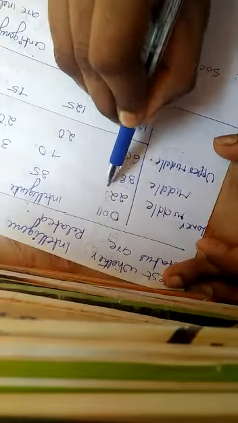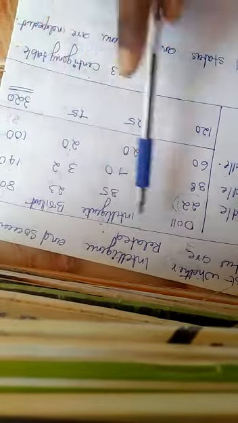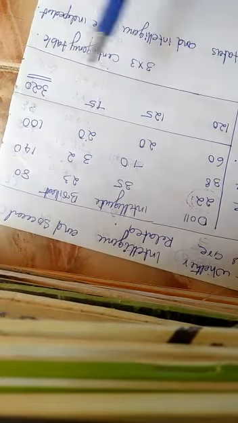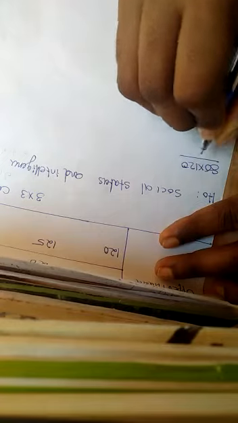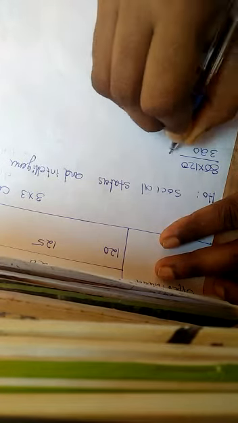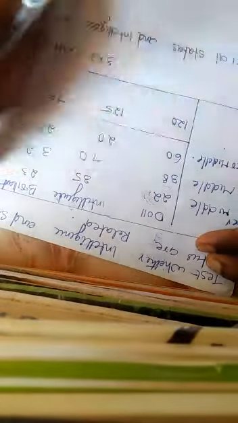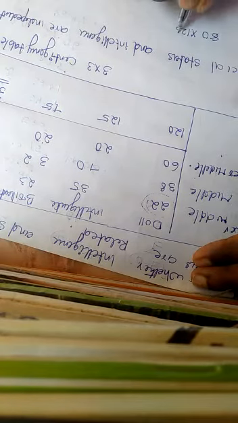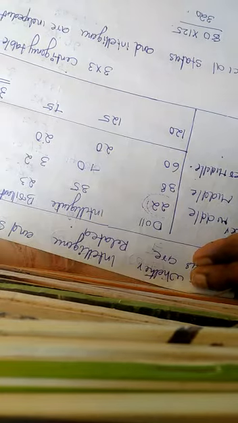First we need the expected frequency of 22. So you take the first row sum and first column sum: 80 into 120 divided by total. Similarly, next is 35, first row, second column: 80 into 125 divided by 320.